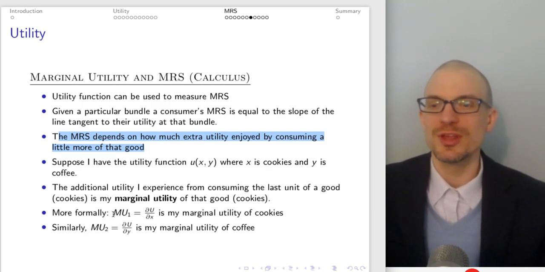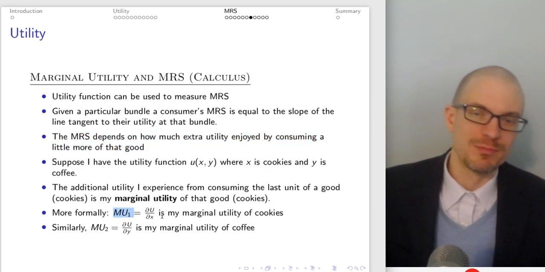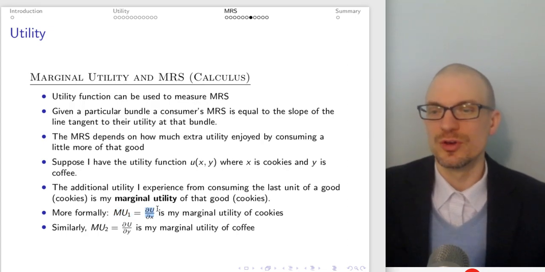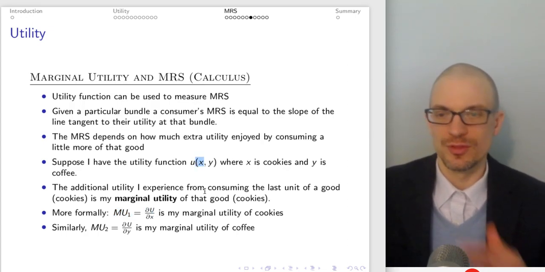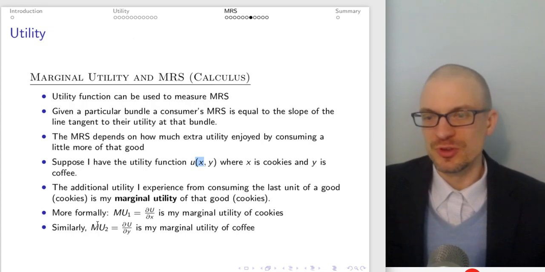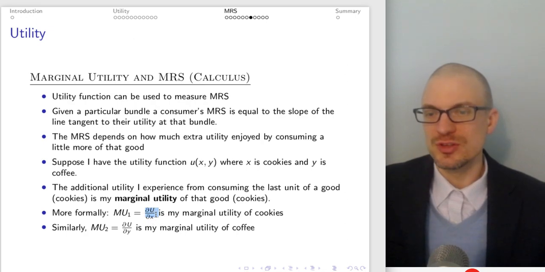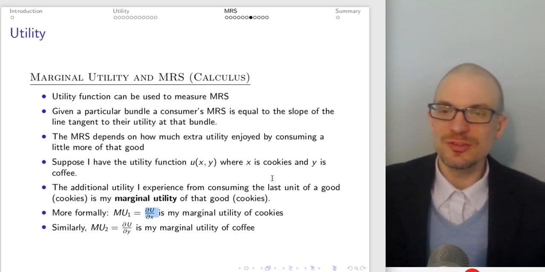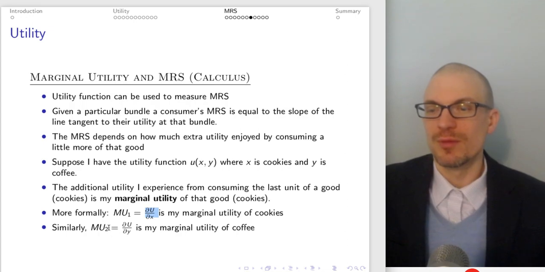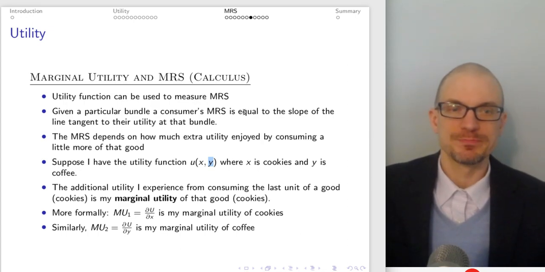More formally, MU1 is going to be my marginal utility of cookies, where good 1 means the first argument in this function. You're like, 1, this should be X. No, MU1 is the first argument in the function, so MU1, partial du dx, is my marginal utility of cookies. Cookies was X. And the marginal utility of good 2 refers to the second argument in this function. du dy is my marginal utility of coffee.